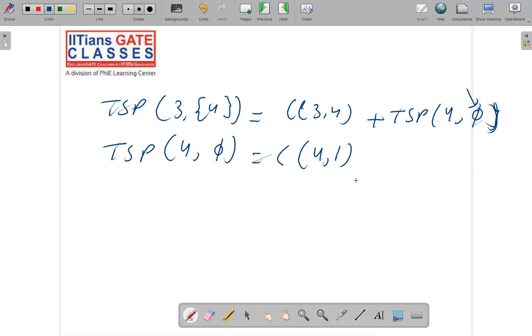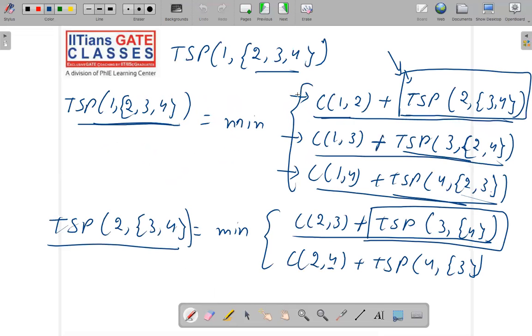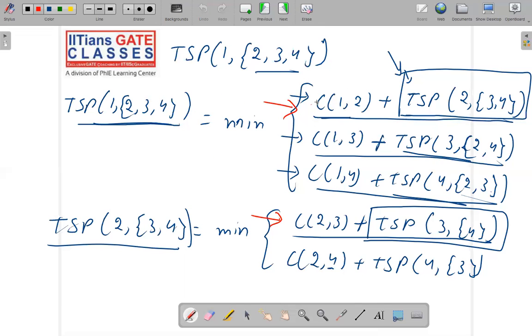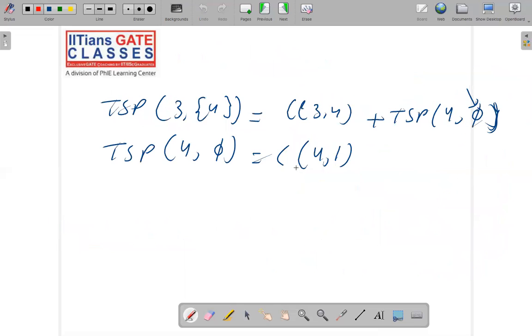Okay, so if you go like this, if you choose this choice here, first one, and choose this choice here, suppose this is the minimum out of all these 3, this is the minimum out of these 2, and then there's no minimum. Okay, then if you add the cost, it is the cost from 1 to 2, 2 to 3, 3 to 4, and 4 to 1.